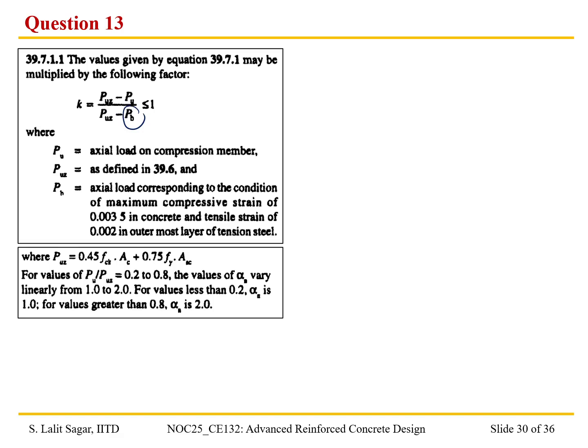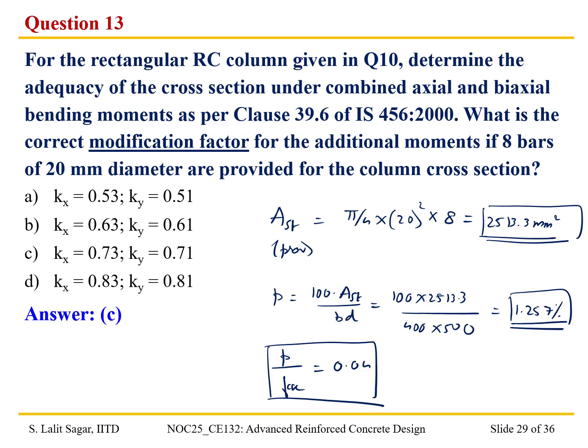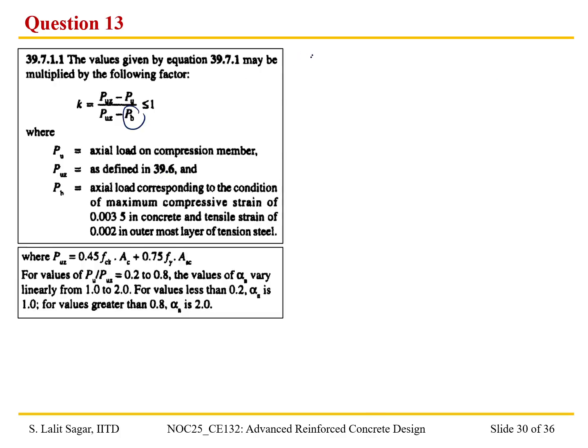Let us consider for the moment about the y-axis, right? So we have here P by FCK as 0.04, and here D dash by D is equal to 60 by 400, that is 0.15.